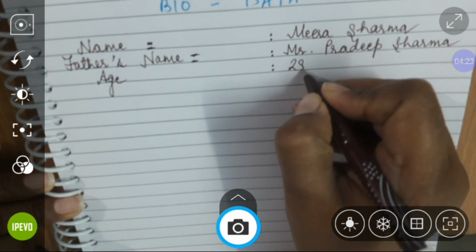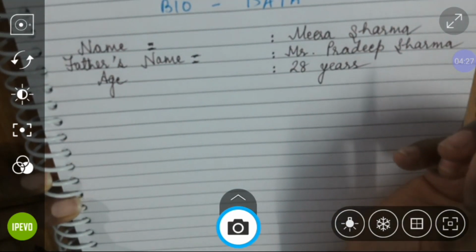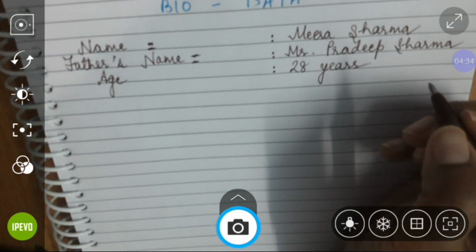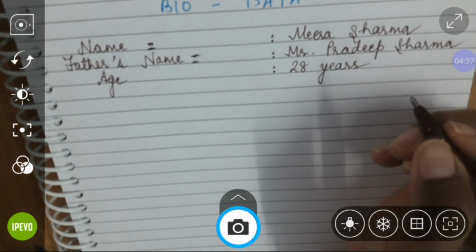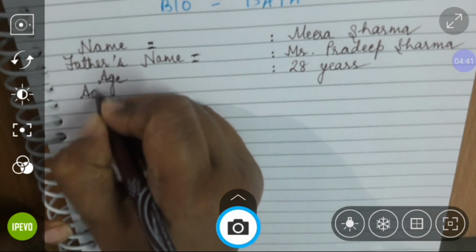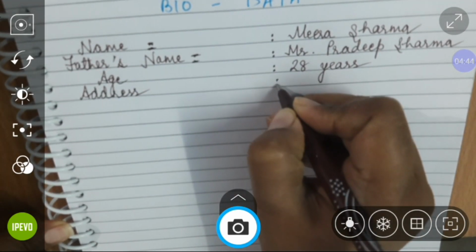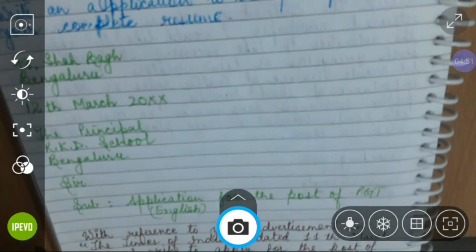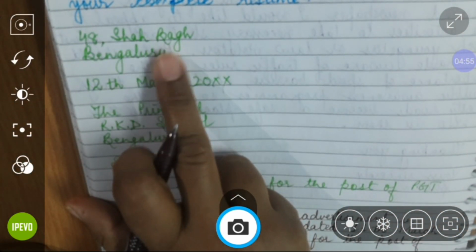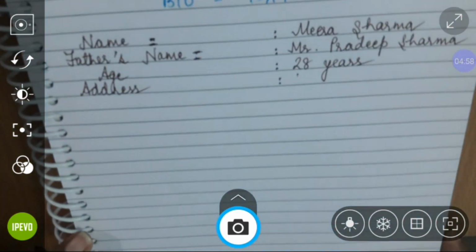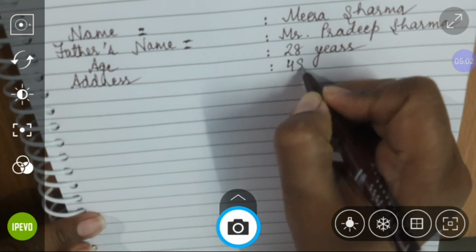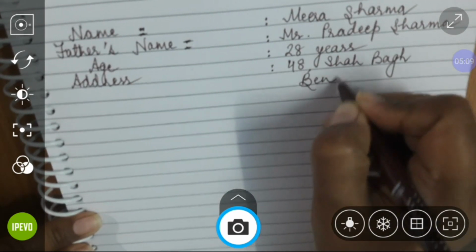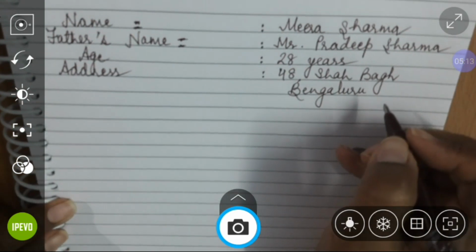Age is 28 years. Then address, it should be the same, right? 48 Shahbag, Bengaluru. Fine.